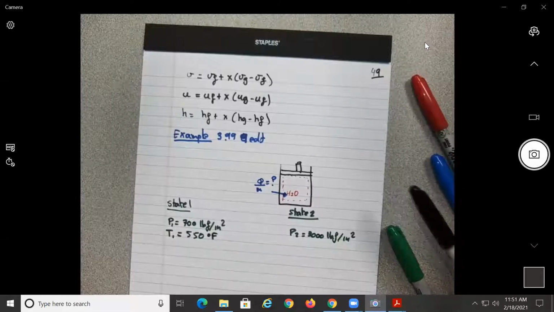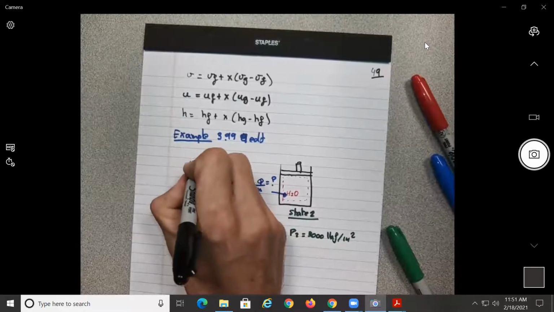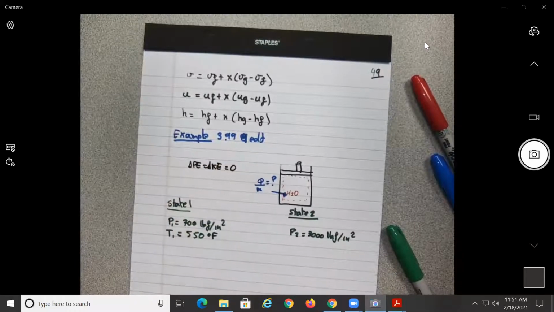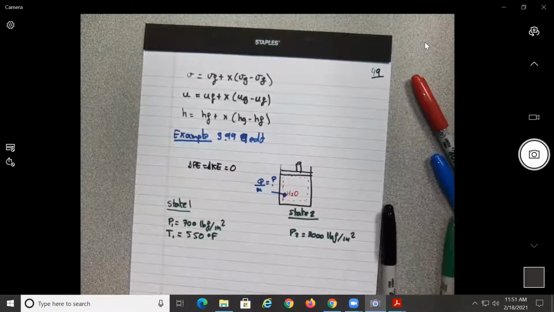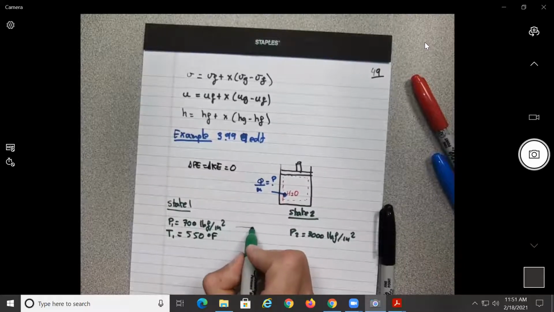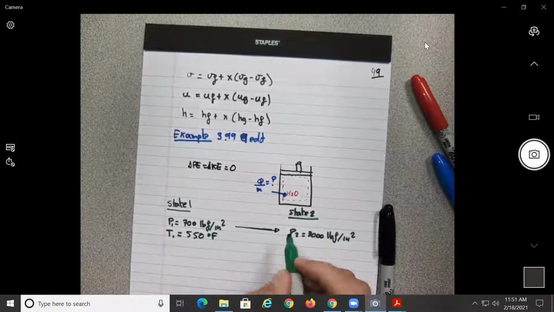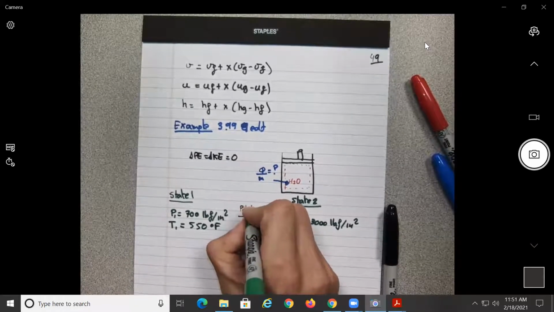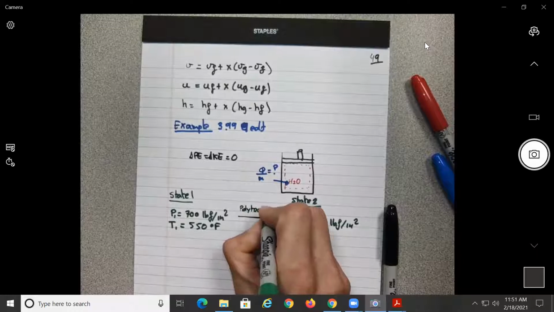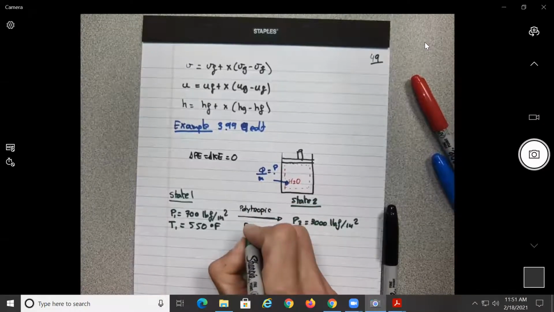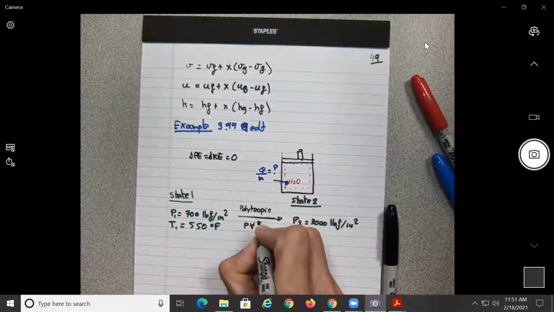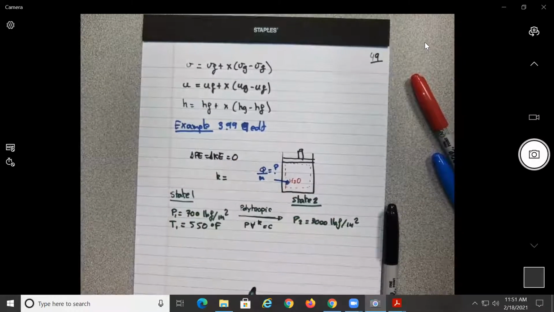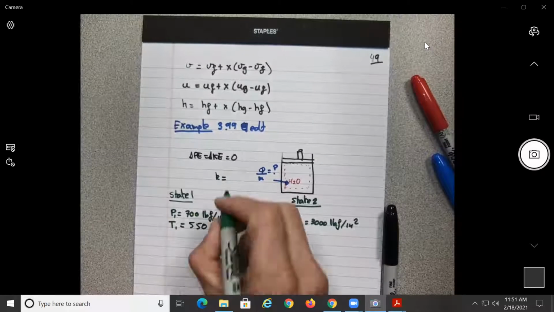To neglect the kinetic and potential energy. And to go from 1 to 2, this is a polytropic process. Polytropic means PV to the K equal to a constant, and they tell you to take K equal to 1.6.